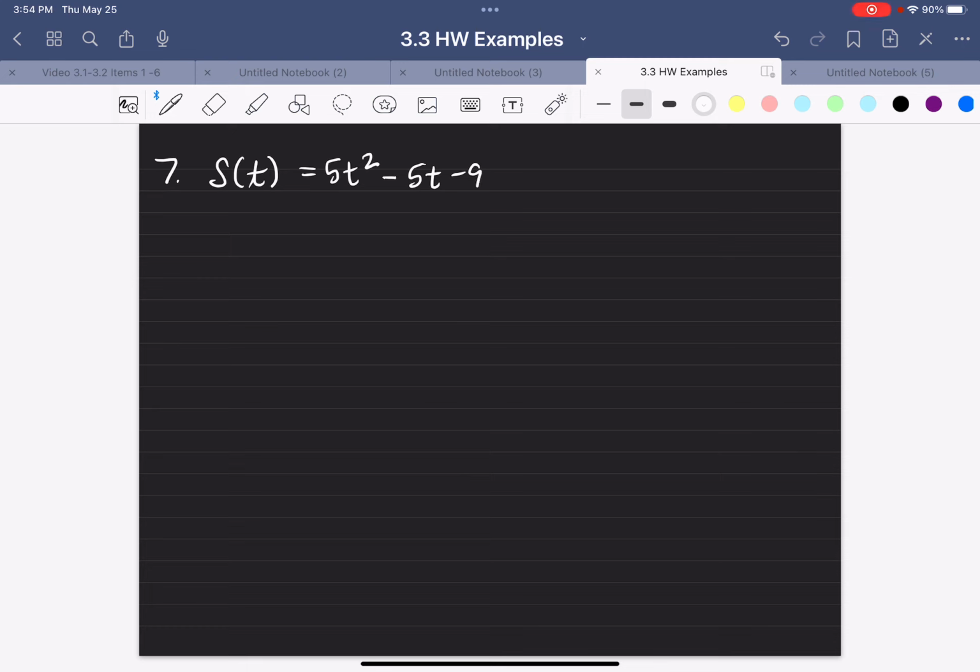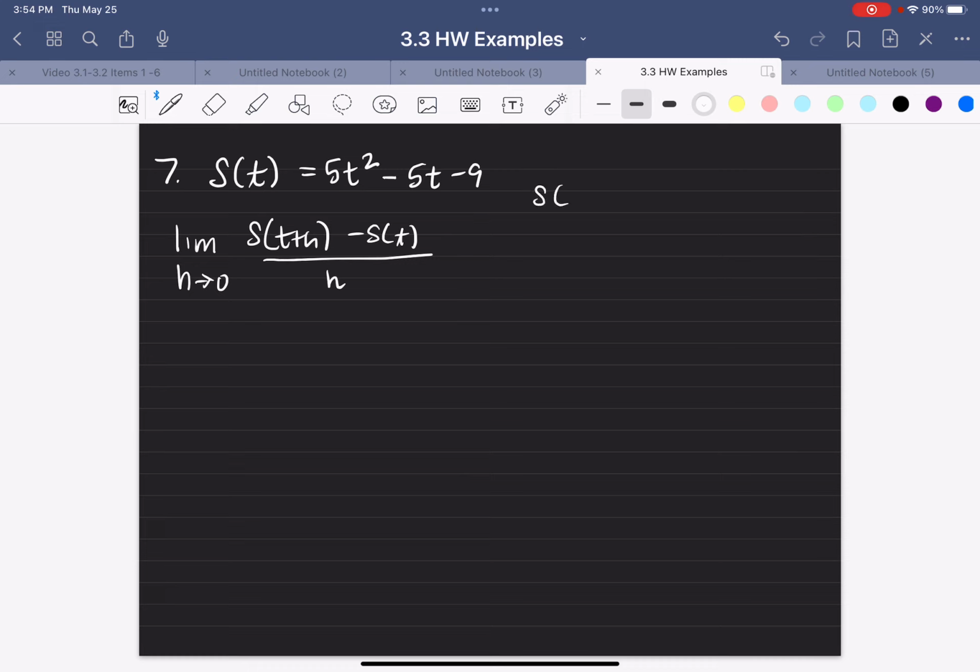It's going to be very similar, except we got these subtractions in here, and that's going to make it just a little bit harder. So we've got to do the limit as h goes to 0 of s of t plus h minus s of t over h.